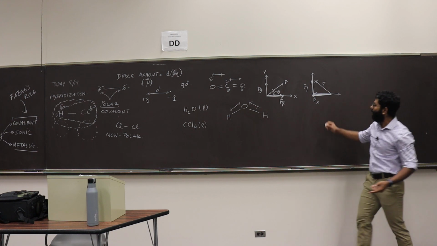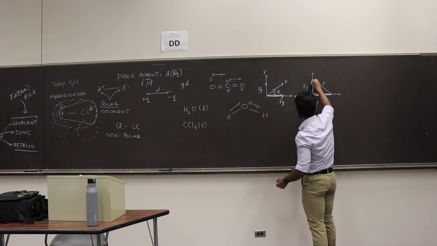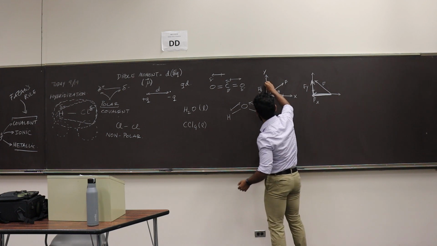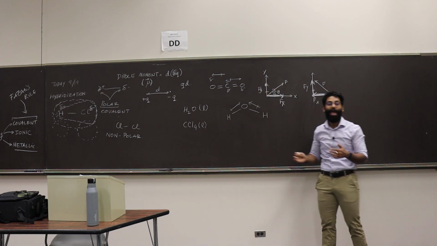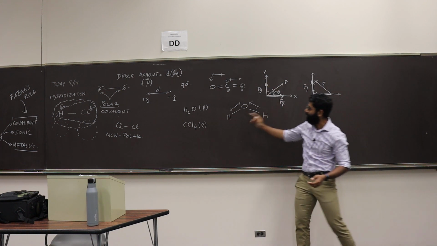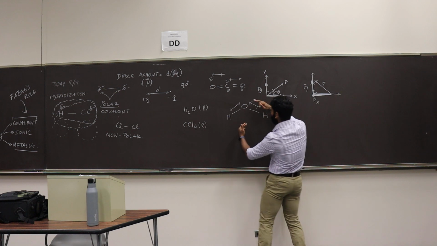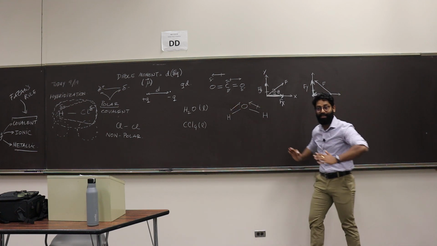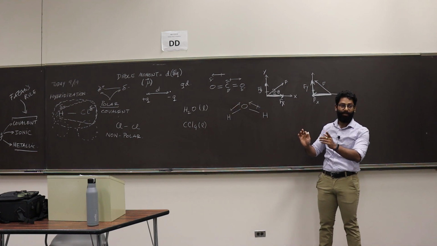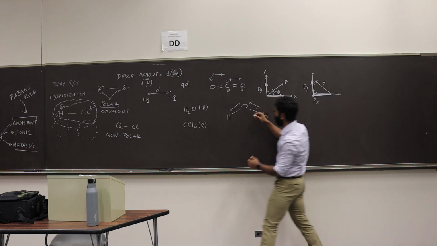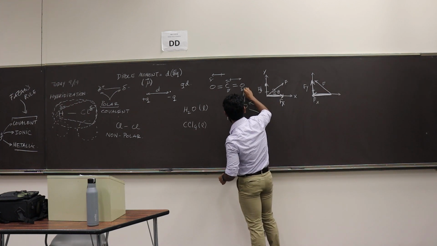But the components in the y direction are in the same direction, so they're going to add up. So for this, which direction do you think there is a net dipole? There was this dipole and this dipole, where is the net dipole? Up. So because of these two, you get a net dipole, which is up.